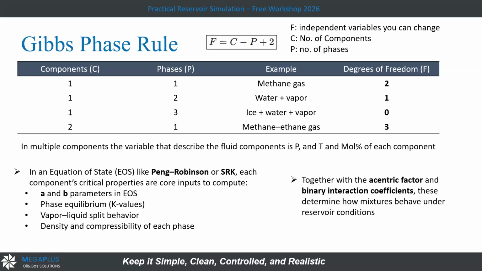So I have to say that I have a fluid, methane and ethane, at pressure equal what, and temperature, and the mole percent of ethane is 50%. So automatically the methane is also 50%. So it depends on the number of components how we can express the fluid.